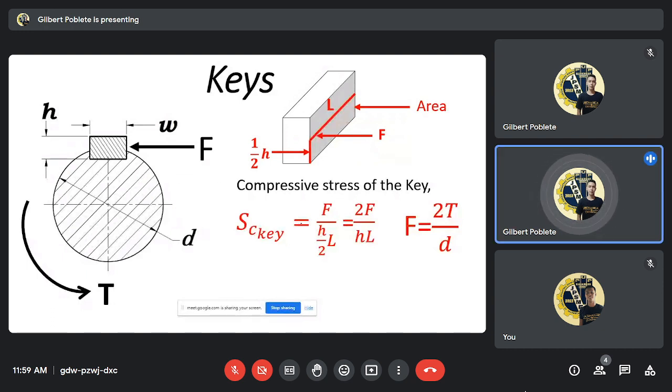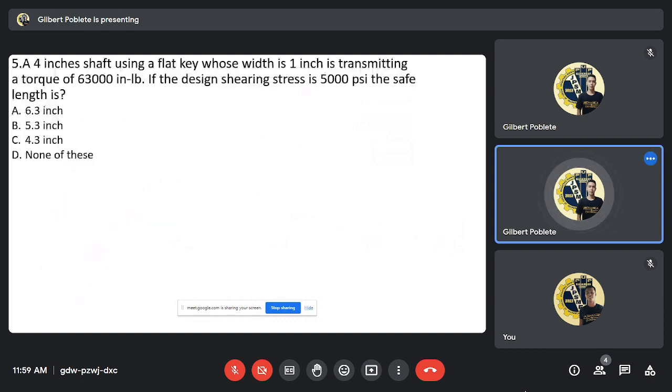So meron din tayong 2F over HL. So tinaas lang natin yung 2 para makuha naman natin yung force is equals to 2T over D. So ayan. Makuha natin. Okay. Next. Problem na agad. Okay.